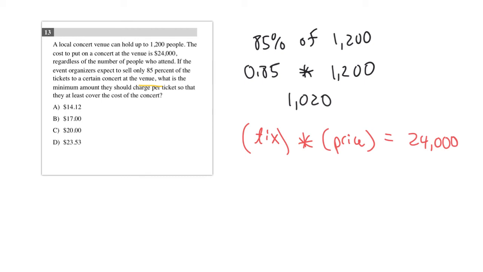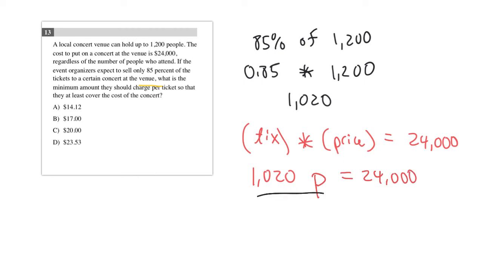It's going to be 1,020, also known as 85% of the total possible tickets. So it will be 1,020 tickets times the price. Now that's actually what we're trying to find out. We're trying to find out what price each ticket should be so that we can cover this cost of 24,000. So I'm going to use P as the variable. So it's going to be 1020 P equals 24,000.